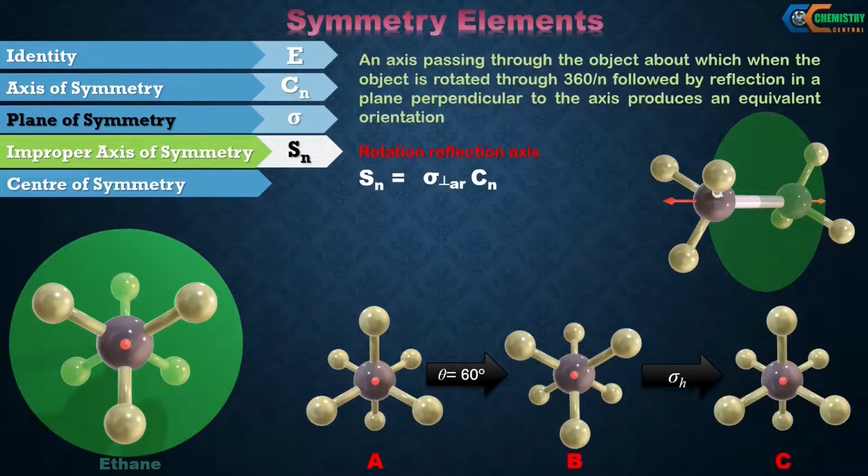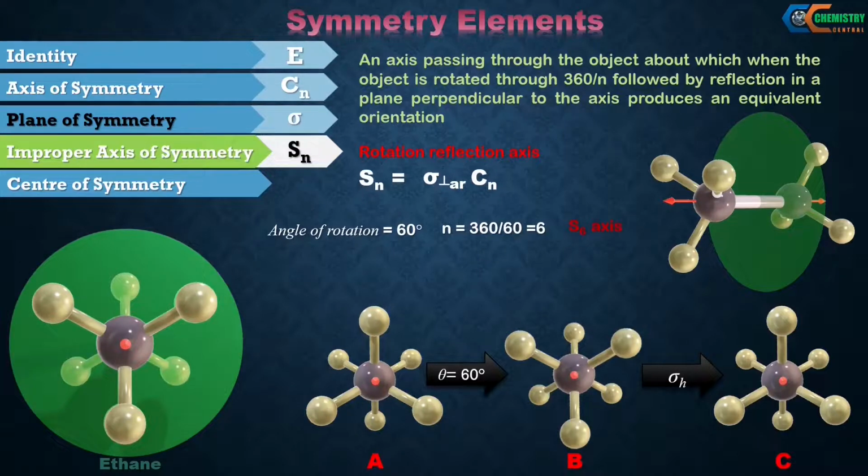That means the carbon at the back of the molecule will reflect to the front and the front carbon will reflect to the back, along with their hydrogen atoms, and we get structure C, which is equivalent to the initial structure A. So we can say that this molecule has an improper axis of symmetry. Here the angle of rotation is 60 degrees, which gives us the value of n equal to 6. So this is an S6 axis.